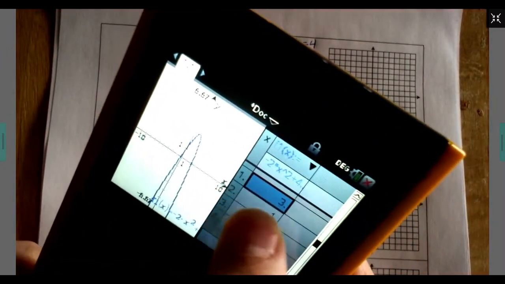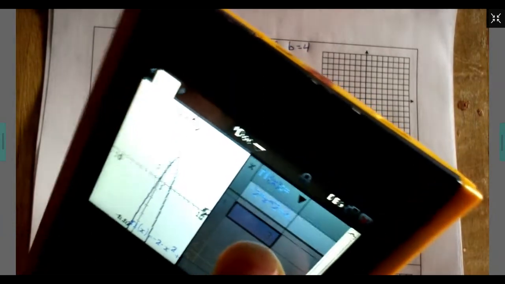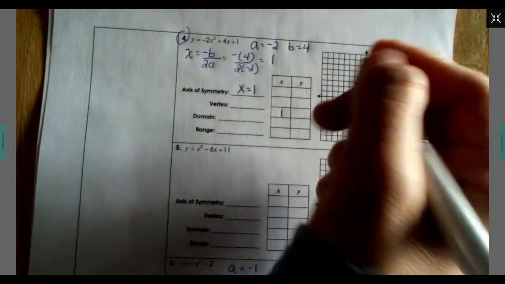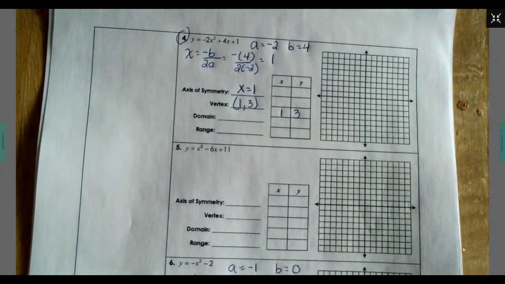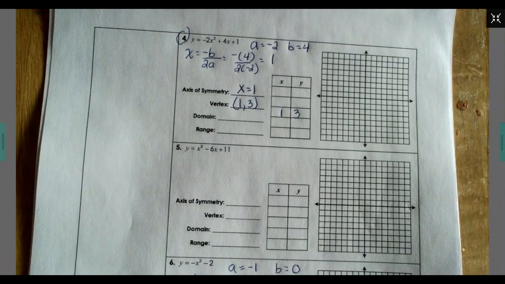So if x is 1, y is 3. That is my vertex. So it goes 1, 3, and that is my vertex, my center, my highest or lowest point, my maximum or my minimum. Lots of vocabulary words here.